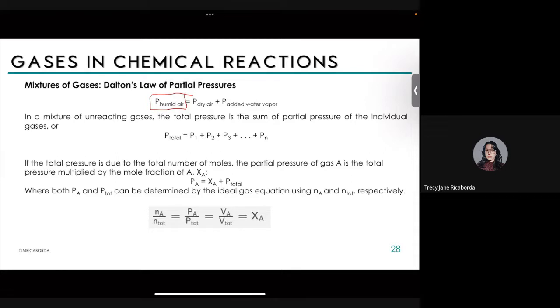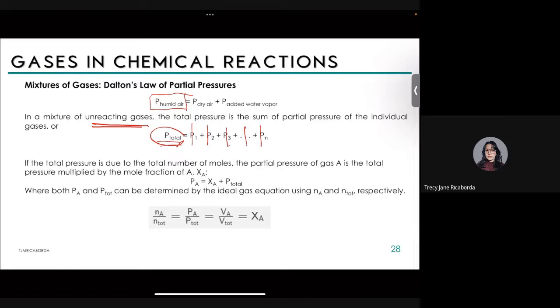Okay? So, additive pala, pwede palang ma-add yung mga pressures ng gases. Yun yung na-realize niya. So, in a mixture of unreacting gases, so this is an important tidbit here, unreacting gases, the total pressure is the sum of the partial pressures of the individual gases. So, if you have the P total, component gases, i-add mo lang sila, you will have literally the total. Wala ka nang ibang gagawin because additive yung pressures ng unreactive gases.